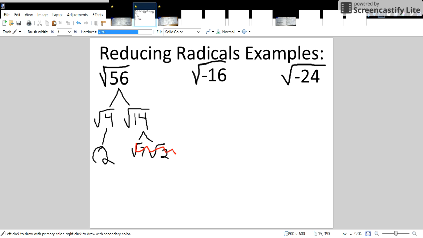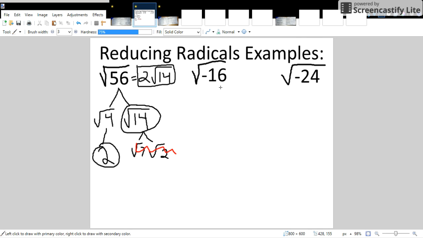So we have 2 times the square root of 14. Our reduced form would be 2 radical 14.